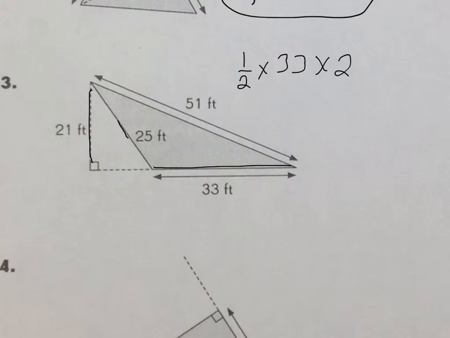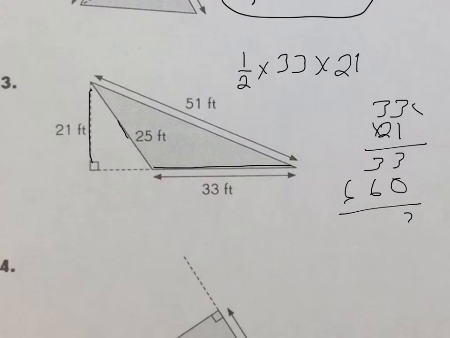It's got to be perpendicular to the base. Okay, so I can't do 33 times 1/2 to come out even. So I'm going to do the 33 times 21 first. Okay, so that's 3, add my 0, 6, add those together, 3, 9, 6.